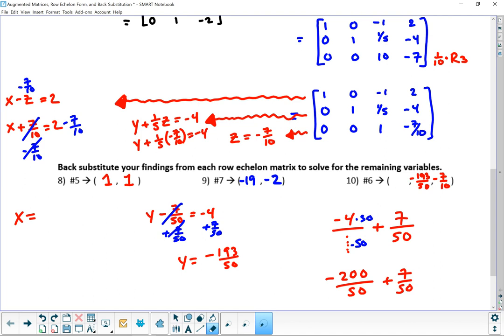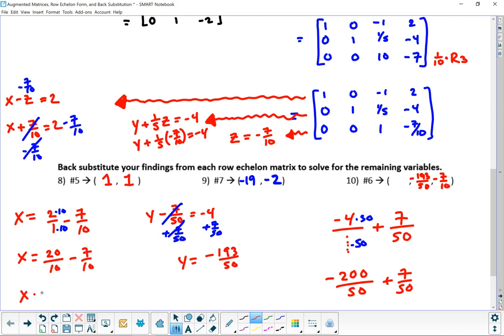We write this as 2 over 1 minus 7 over 10. Common denominator of 10. So we get x equals 2 times 10 is 20 over 10 minus 7 over 10, which means x is equal to 20 minus 7, which is 13 over 10. So that's what my x is, 13 over 10.